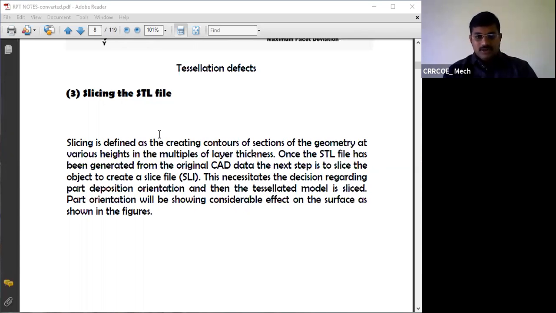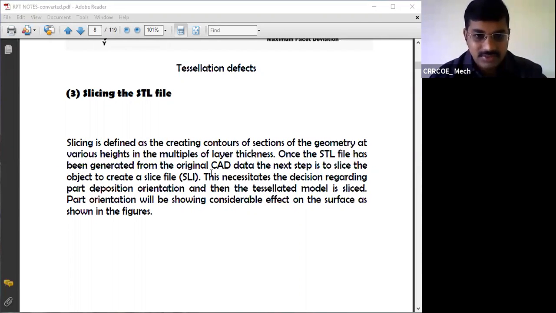Contours means some specific shape, like grooves, or sometimes linear shapes. So here, in the horizontal layers, we are going to slice. Slicing means dividing into equal parts which have similar geometric shapes.